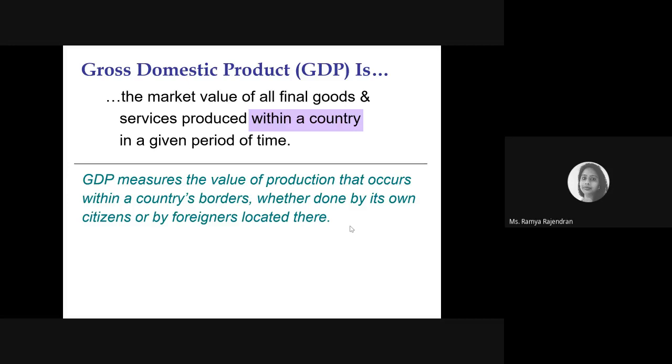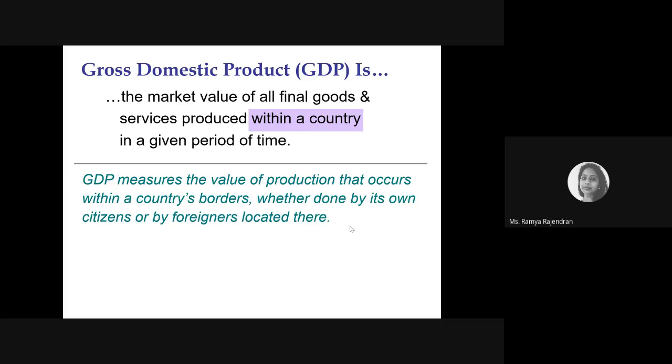Okay, so here GDP measures the value of production that occurs within the country. So it can be manufactured either by that particular country's citizen, or a foreigner. For example, we have HUL, Hindustan Unilever Limited, which produces many different kinds of brands in India. Since it is manufactured in India, the GDP of those particular products will be added into India's GDP.